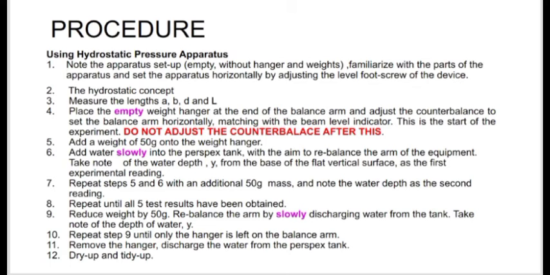Rebalance the arm by slowly discharging water from the tank. Take note of the depth of water, which is Y. Step 10, repeat step 9 until only the hanger is left on the balance arm. Step 11, remove the hanger. Discharge the water from the perspex tank. And the last step, dry up and tidy up.